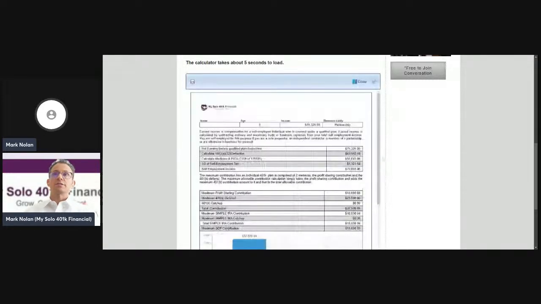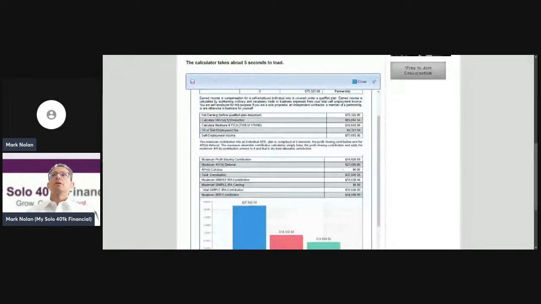Okay, let's go over this here. So here is the $75,325 income figure we plugged in. The calculator will subtract 1/2 of self-employment income tax, so $5,321, from that $75,325 figure, resulting in net self-employment income of $70,000.